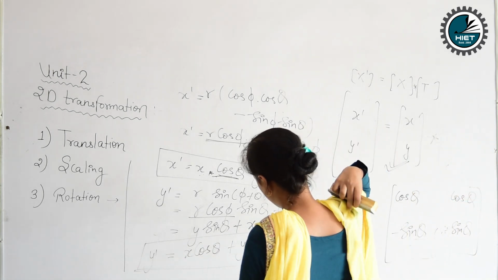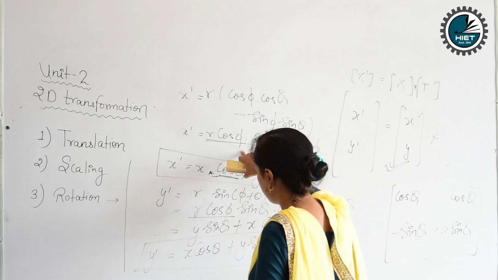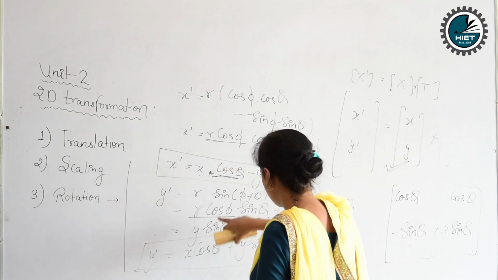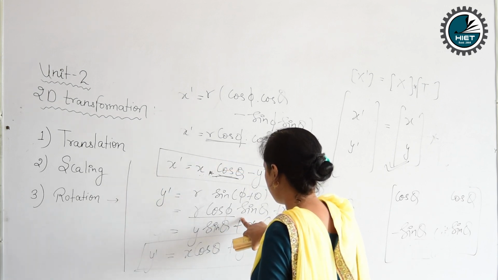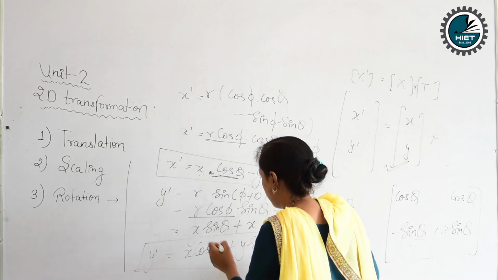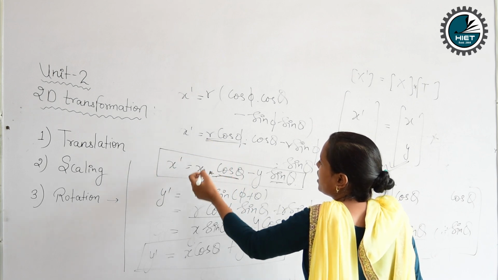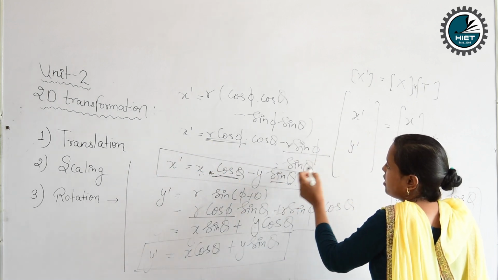And the multiple of y is cos theta. Here r cos phi is x and r sin phi is y.